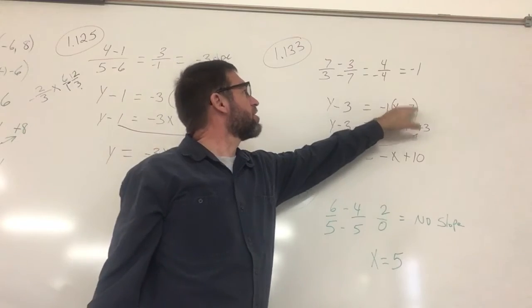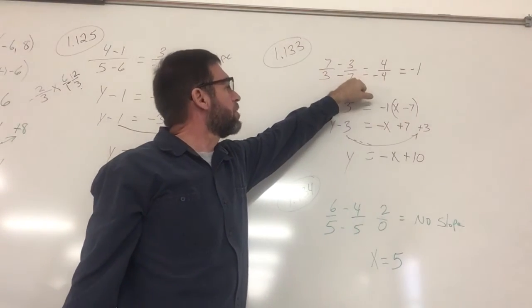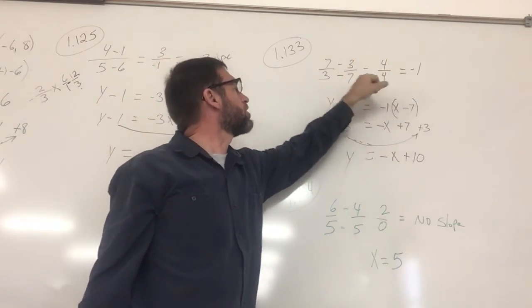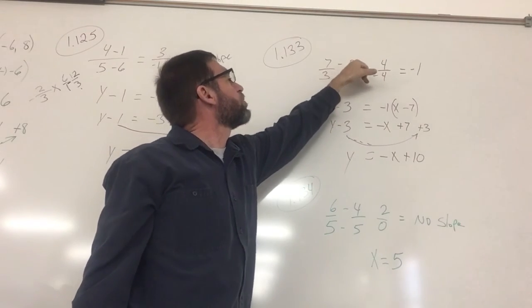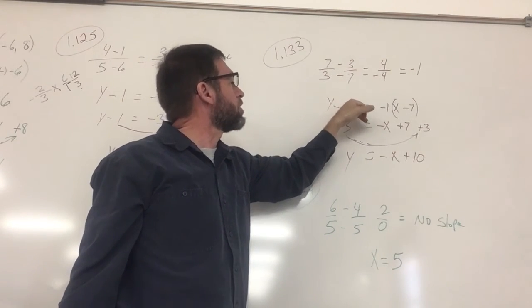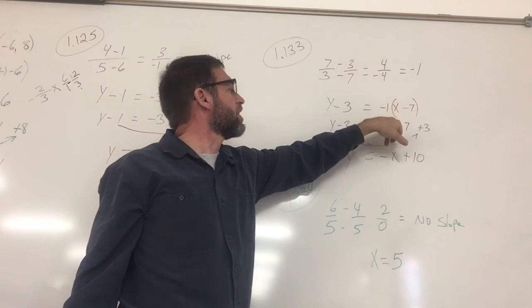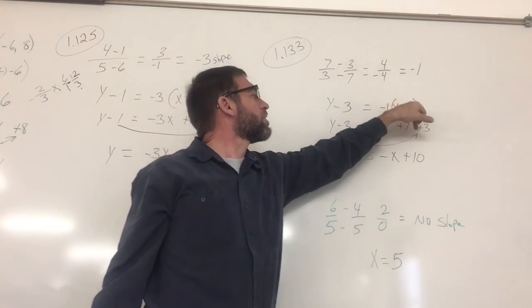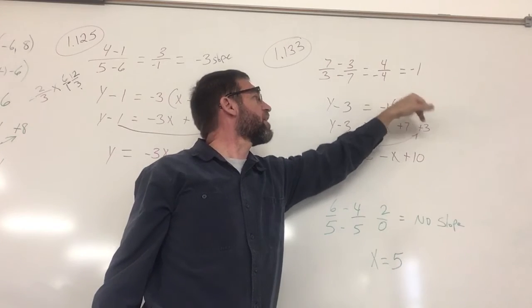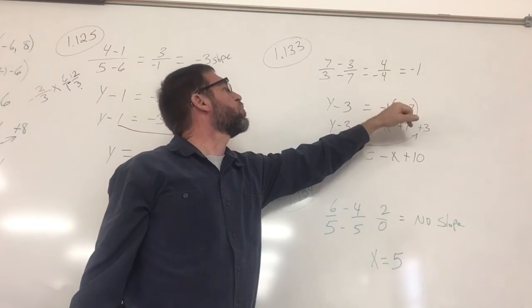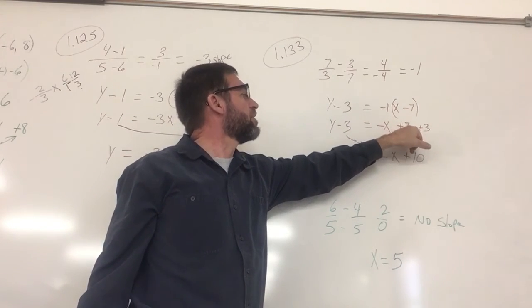And you have x negative 7, so I use this one right here. X subtracted 7, and I use this 3 right here. Y subtracted 3. Okay, negative 1 times x is negative x. Negative 1 times negative 7, negative negative will make you a positive 7.